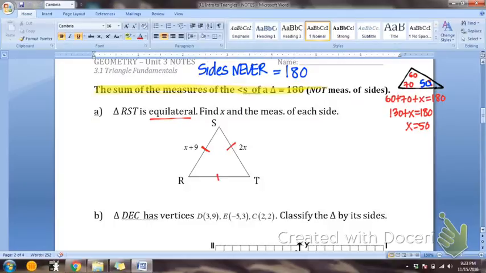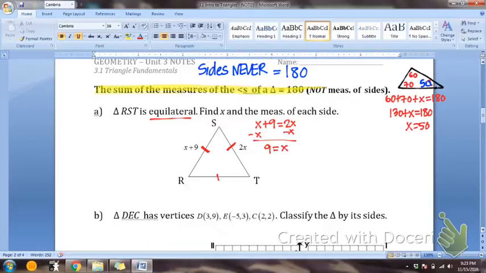So let's set x plus 9 equal to 2x. So x plus 9 equals 2x. Let's solve this for x. We're going to subtract x on each side. We get x to be 9. Now, they asked me to find x, which I did.